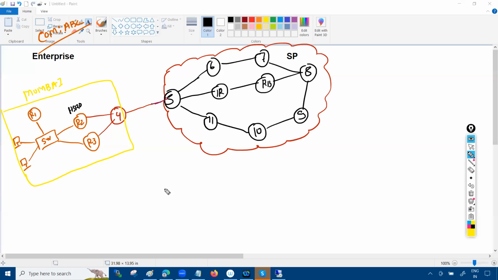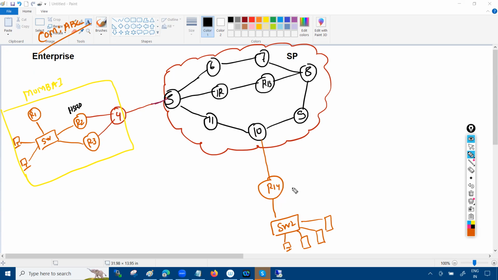The same company ABC has a different branch office in a different location. This is going to connect with router number 10. So router 10 has connectivity with router number 14. Router 14 has connectivity with a single switch, a single-homed connection, and then we have some users there, PC1, and a few servers present in this site.